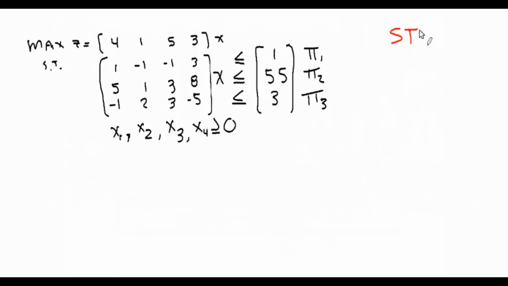Now we can do step 5. And step 5 involves determining the sign restrictions on the 3 dual variables. So let's consider the sign restriction on the first dual variable. It will be determined by whether it's a maximization or minimization problem and the direction of the inequality in the first primal constraint. So let's go to our primal dual table and determine the sign restriction on pi sub 1.